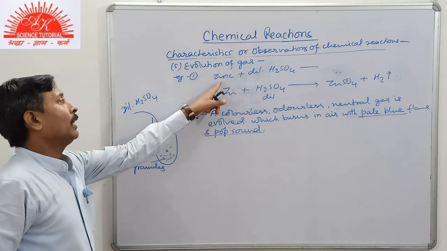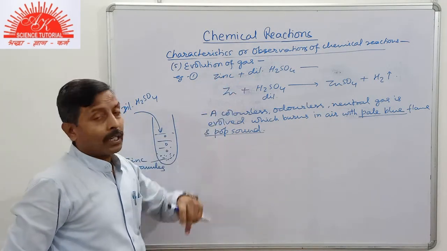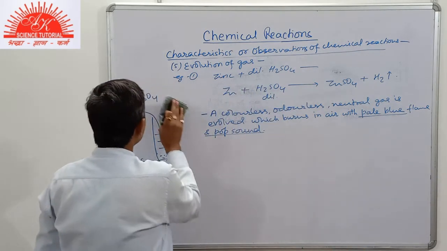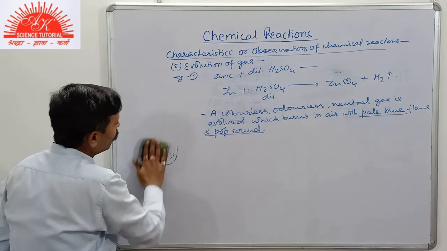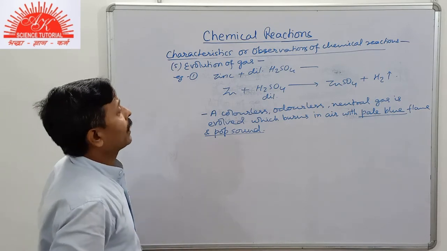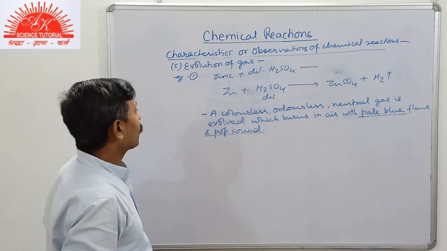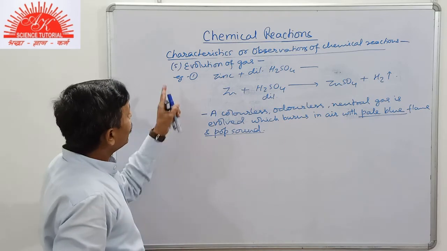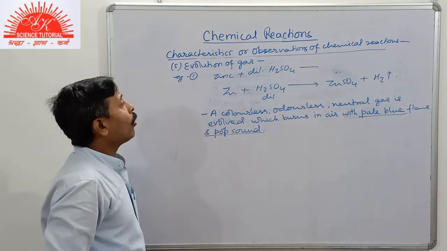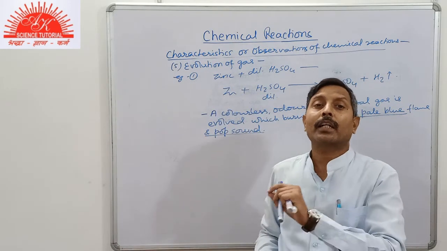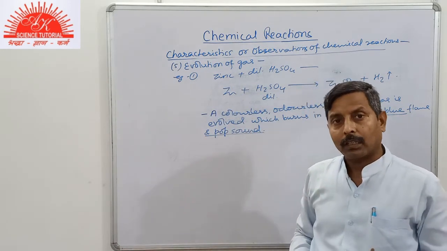So here we see that when two substances take part in a chemical reaction, then gas is evolved. There will be many reactions in which gases will be evolved. We will study in subsequent topics. So here there were the 5 observations or characteristics which determine that a chemical reaction has taken place. Clear, student?